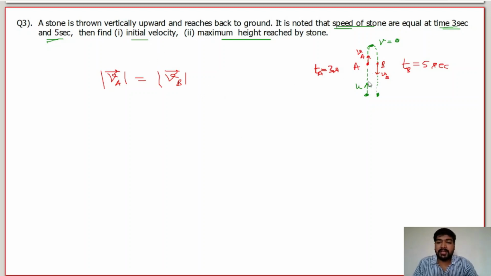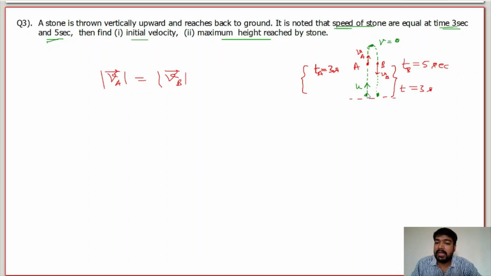Because it's a very basic question, we know that if the body travels from point A to B and has the same velocity, they should be at the same height. So A and B are at the same height from the ground, with the same velocity. One more thing, the time taken from the ground to point A is 3 seconds, so the time from B to the ground is also 3 seconds.